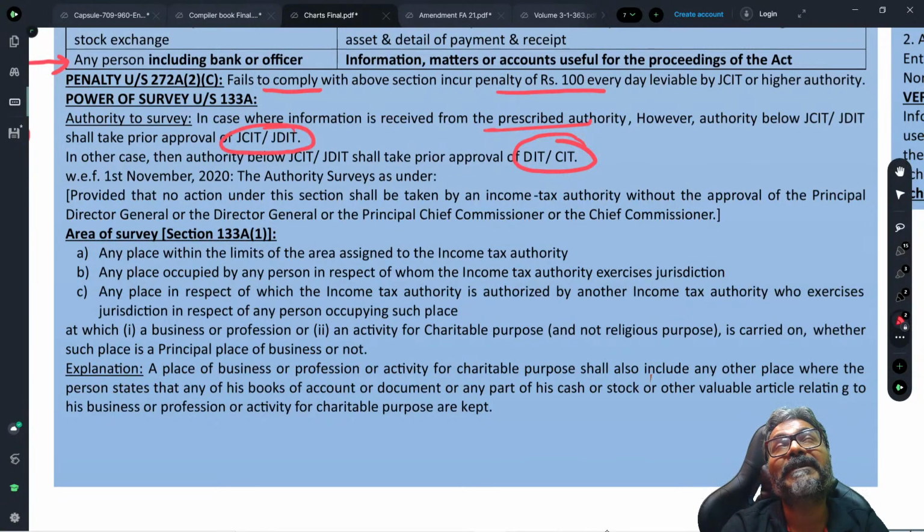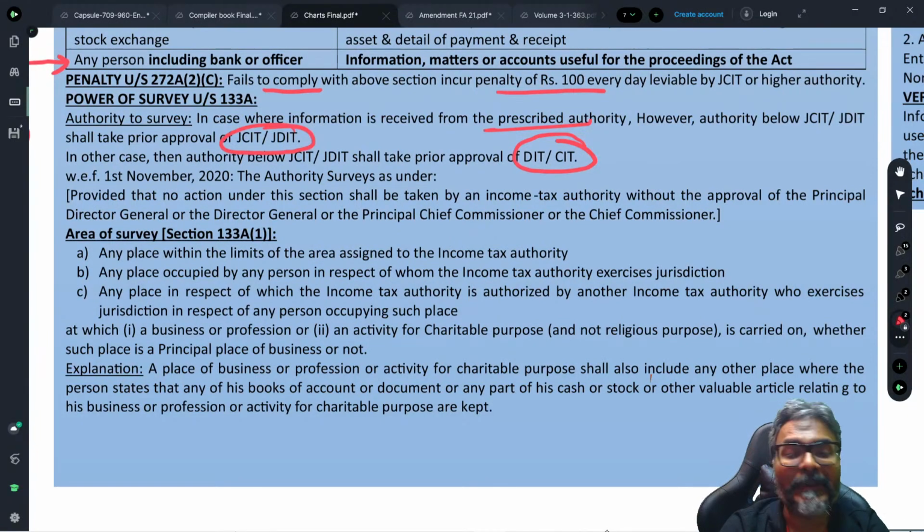If the reason for the survey is something else, now you tell me, students, are you going to tell the CIT what made you think to do the survey in the premises of the SSC? The answer is yes, because the CIT would be very interested to know about it, as he is also not aware of it.